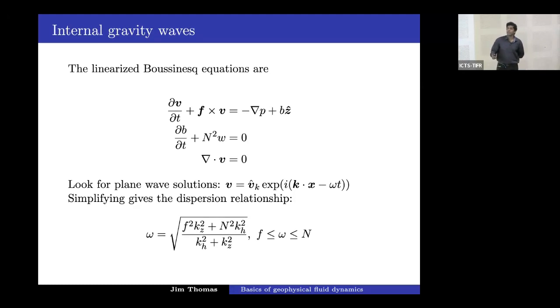Now we'll have one slide on internal gravity waves. We saw the Boussinesq equations earlier. If you drop all the nonlinear terms and focus on the linear equations, these are the linear Boussinesq equations.